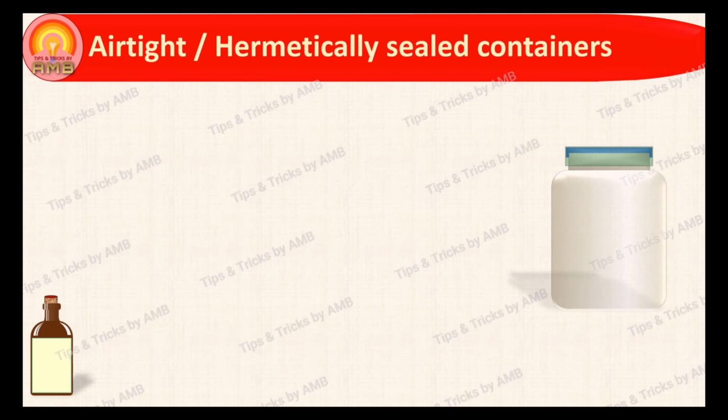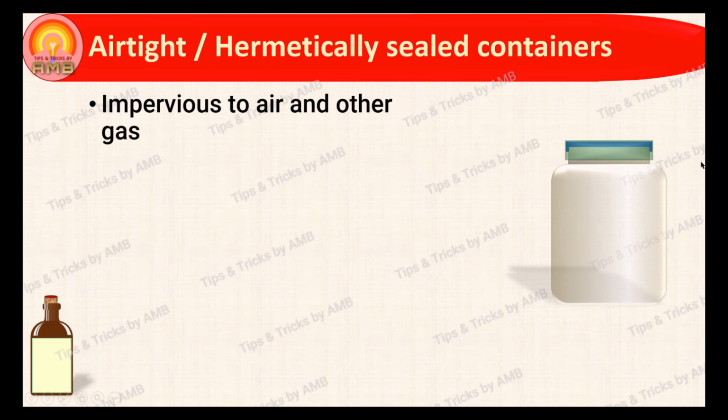The next containers are airtight or hermetically sealed containers. As the name indicates, these containers are impervious to air and other gases. The closure of these containers may be made of rubber or it has an inner lining made of rubber.